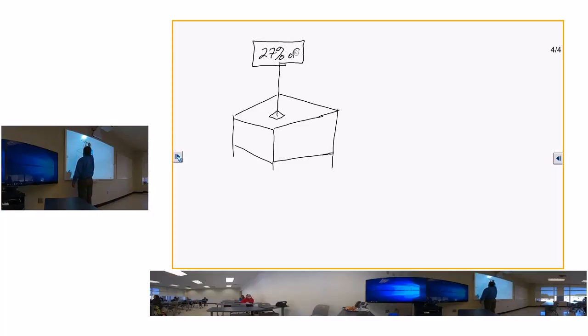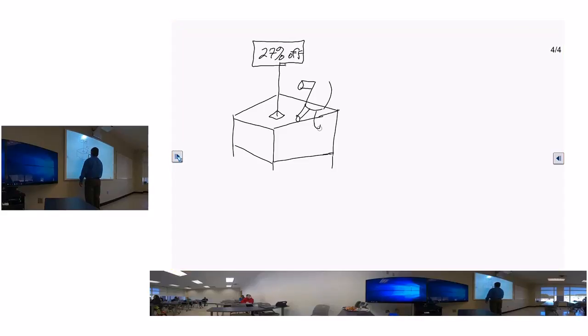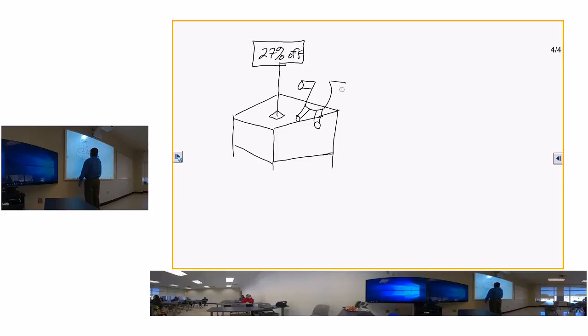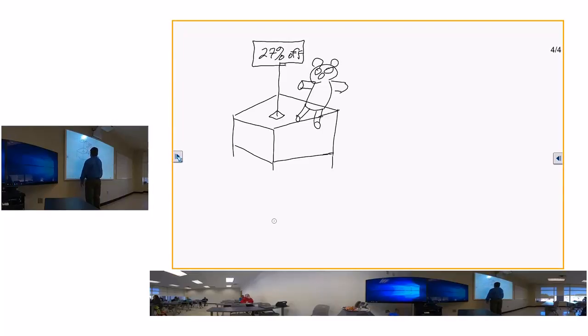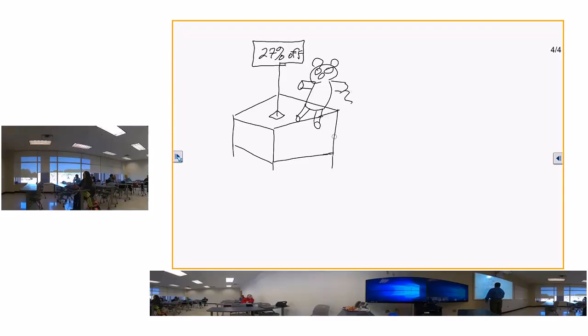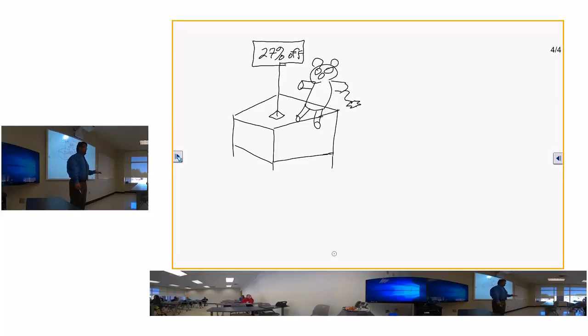Or you can say 25% off. And let's say it's a teddy bear. I don't know how to draw a teddy bear. I should have used a shirt. There. And of course it's at Walmart, so there's nobody there to help you.